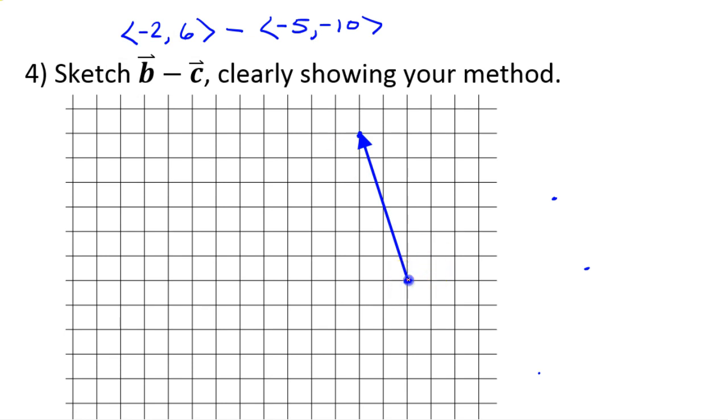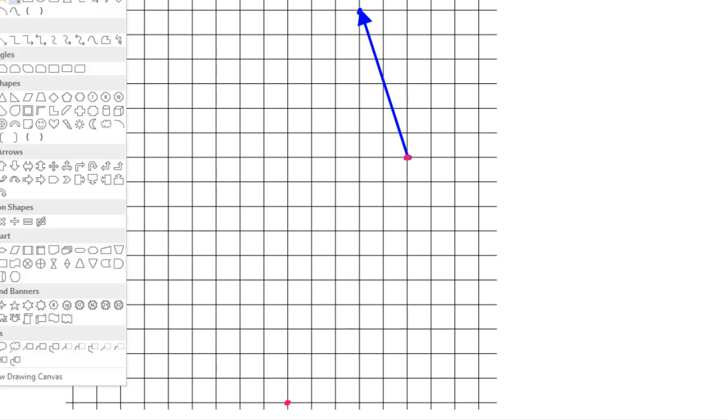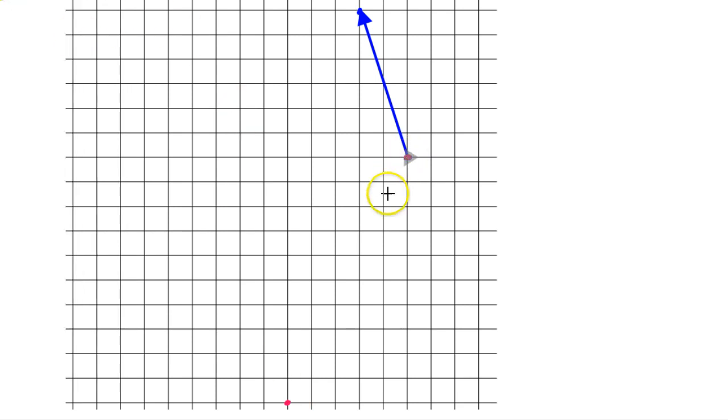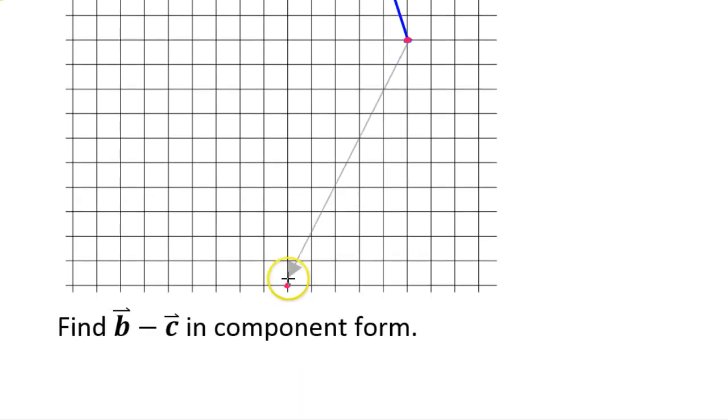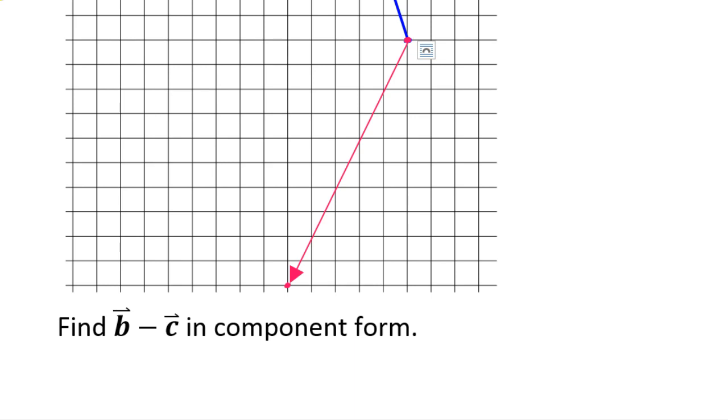So I'm going to use the same initial point for vector C. <-5, -10> means I will go left 5 and down 10. So my terminal point will be right here. So now I will draw the vector from that initial point to the terminal point. I want this vector to be red.